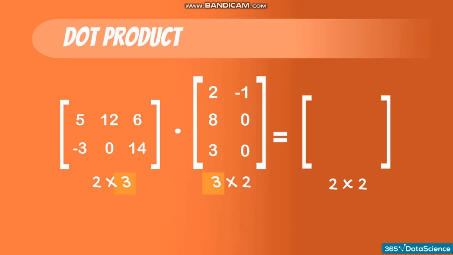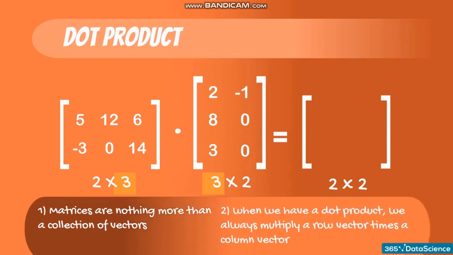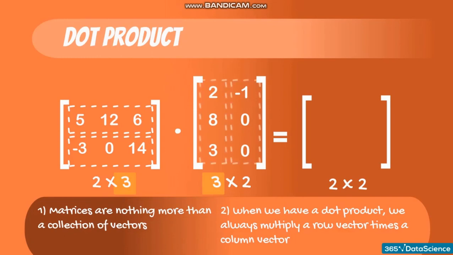Finally, we must do the multiplication itself. Let me remind you of two important things. First, matrices are nothing more than a collection of vectors. And second, when we have a dot product, we always multiply a row vector times a column vector. How does this apply to our case? Well, the first matrix is made up of two row vectors, 5, 12, 6, and minus 3, 0, 14. The second matrix is made up of two column vectors, 2, 8, 3, and minus 1, 0, 0.